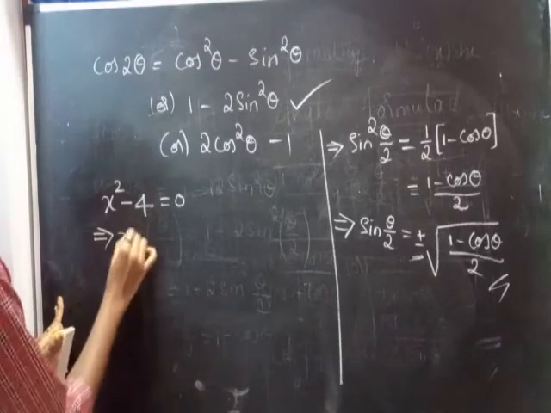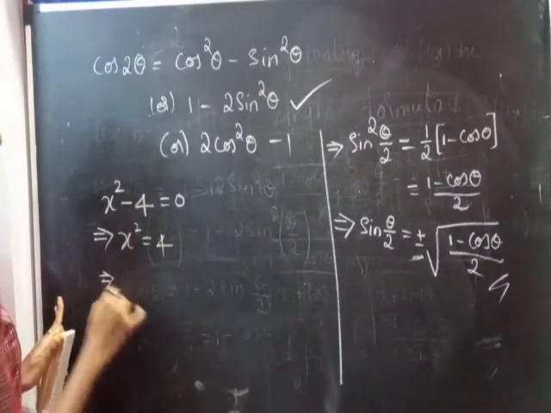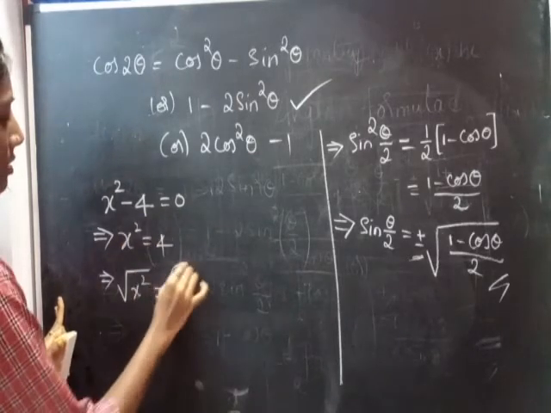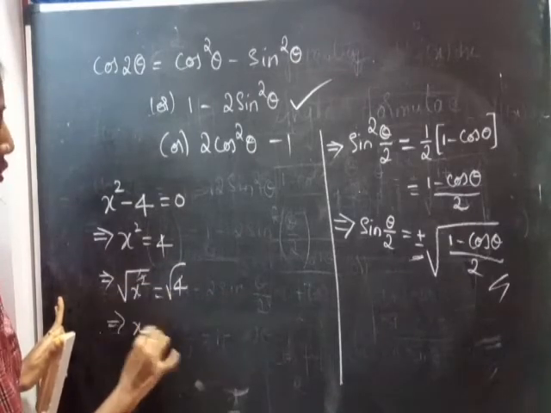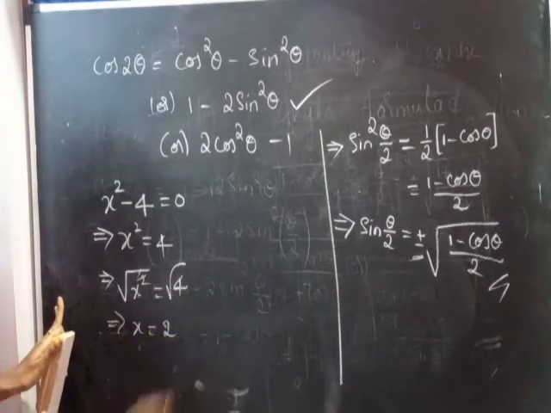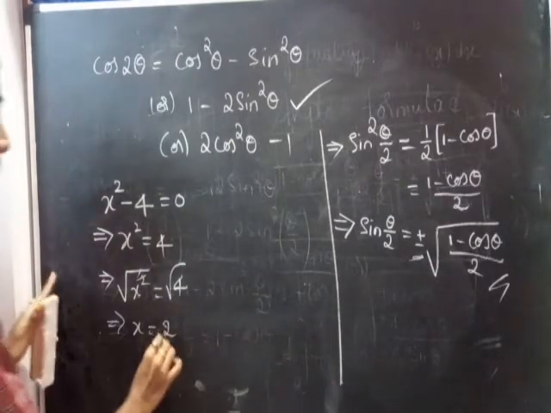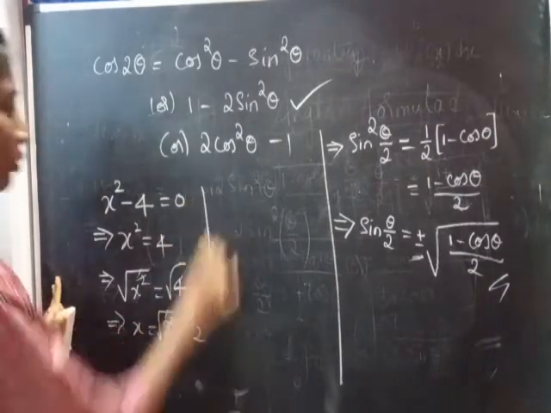This implies x square equals 4. This implies, if you apply square roots on both sides, you get x equals to 2, since 4 is 2 square, which is equal to 2.